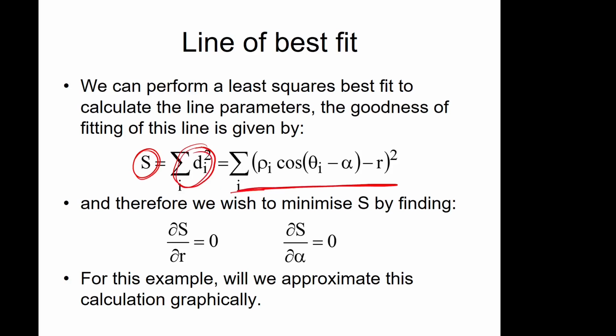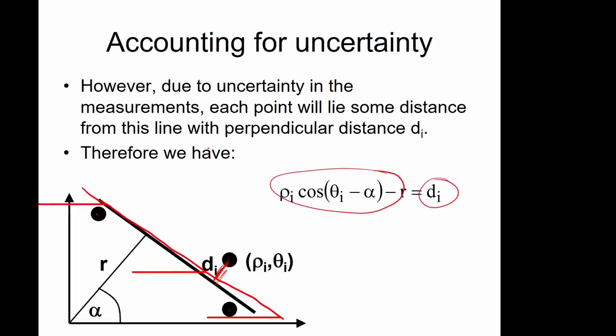And then we want to minimize this, so we want to minimize how far all these points are away from the line. So for example, if we drew a line there, all these points are a long way away. Whereas if we draw a line here, these points are closer.